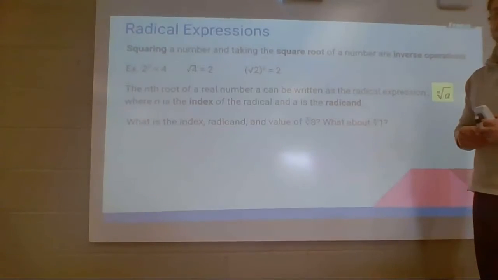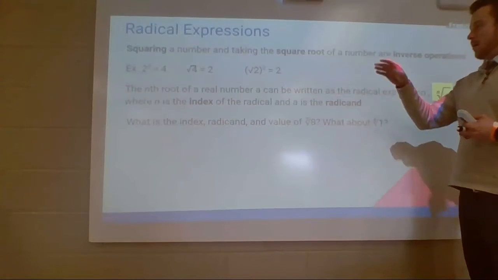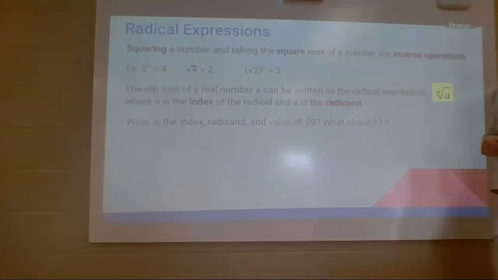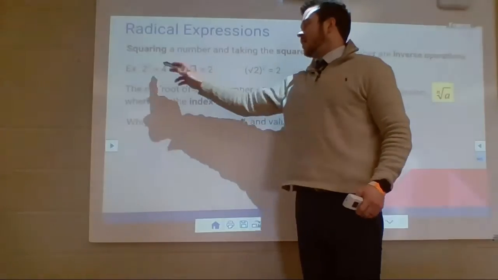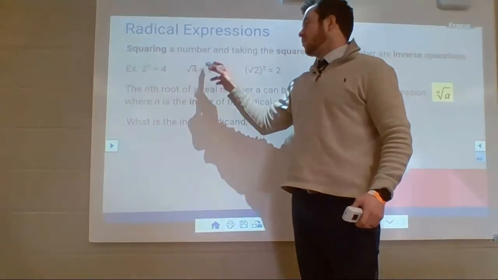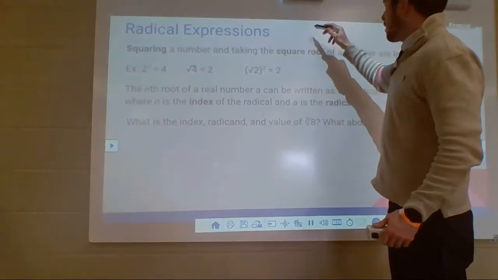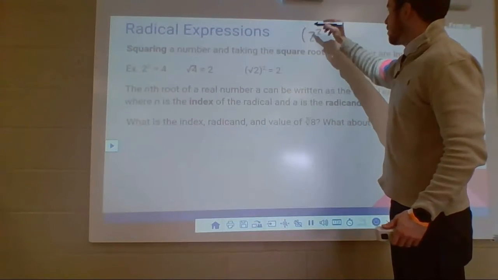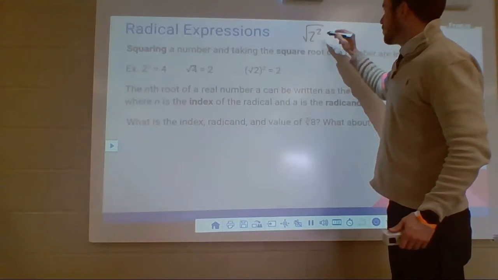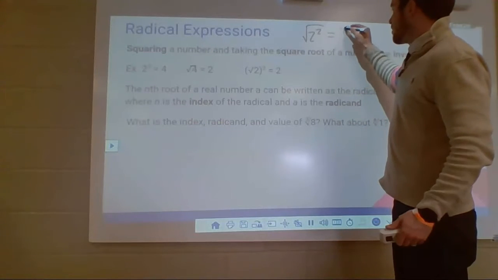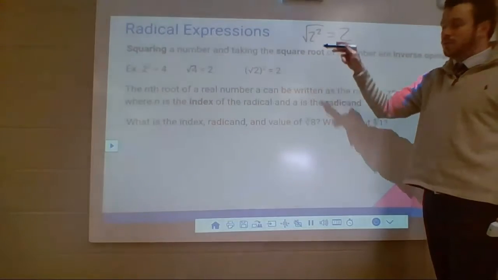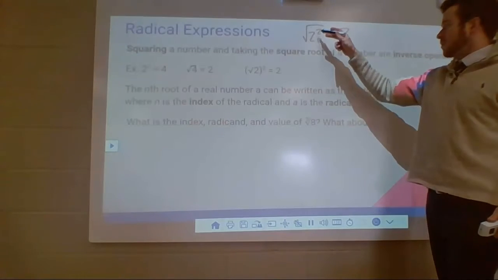Let's get going. So let's start off by just reviewing some things that you've already learned. Squaring a number and taking the square root of a number are inverse operations. So some examples, you've got 2 squared equals 4, and the square root of 4 equals 2. Or if we take the square root of 2 squared, well, that equals 2, right? The exponent of 2 and the radical, that square root, they're going to undo each other, okay?